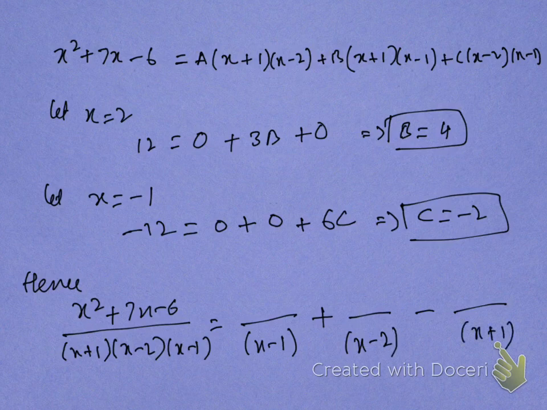Now substitute the values of A, B and C into this fraction. A is −1, so −1 upon (x − 1), B is positive 4, whereas C is −2. This is the final answer of the question.